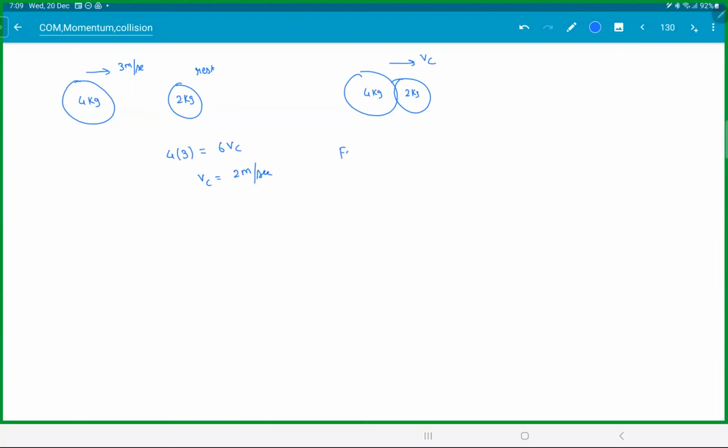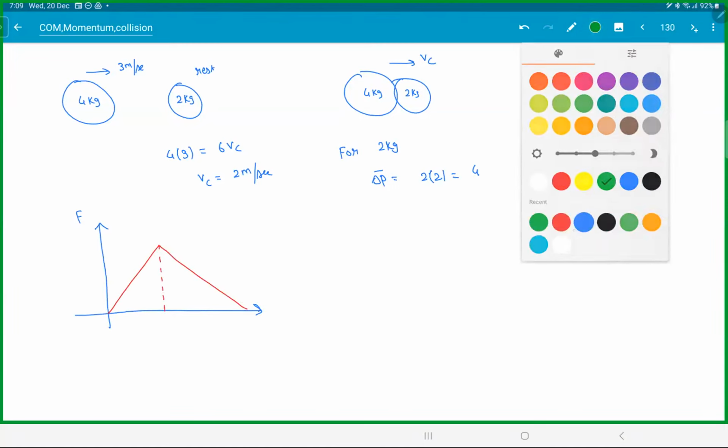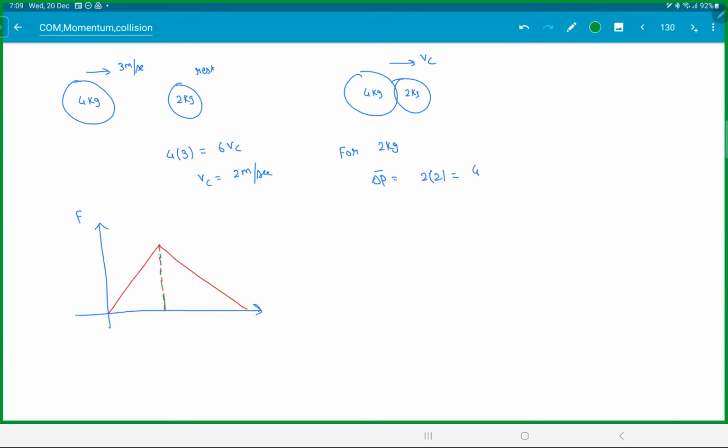That means for the 2 kg block, the change in momentum will be m v final, which will be 2 into Vc, na? That is 2 into 2, 4. So that means till the time the common velocity is acquired, this is the point of max deformation.